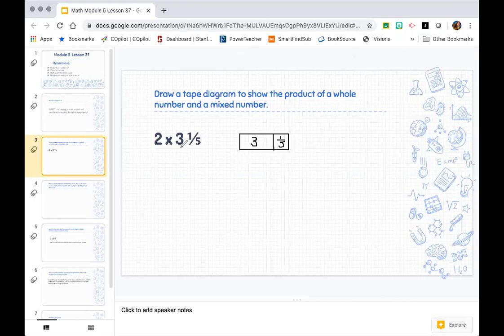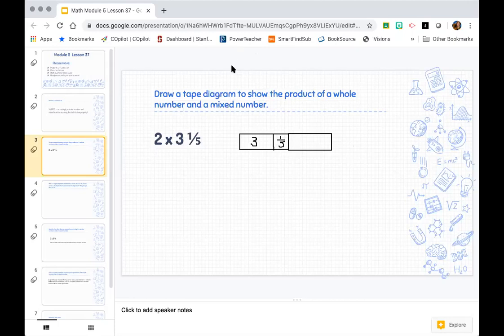And since I am multiplying it by 2, that means I need to make another copy of that. So attached to this same tape diagram, I'm going to make another one that's the same size, almost.